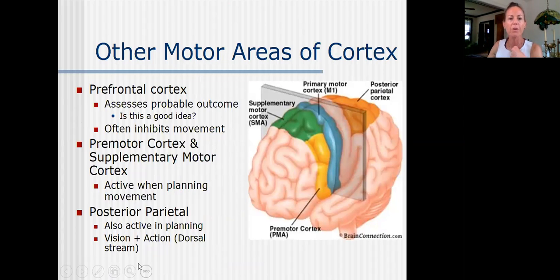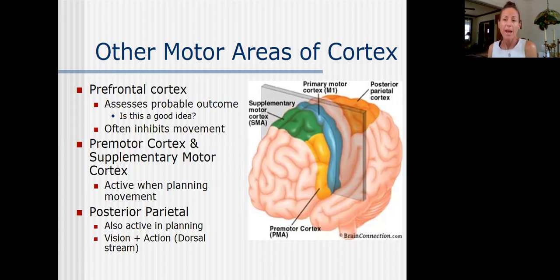Okay, we got a few other areas involved in movement here, as I mentioned. One thing is the prefrontal cortex, right out here in front of the brain in pink on this picture. It is going to assess the probable outcome. It's kind of like, is this a good idea? If you say you want to ski downhill, your body is going, is this a good idea, or am I going to get hurt?